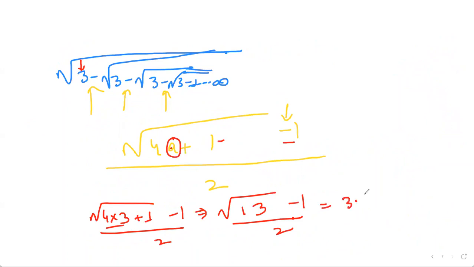So write here 3.6 minus 1 upon 2. You will get 2.6 upon 2. Remove this decimal. The answer will be 1.3. Very good. Dear Zishan, your answer is absolutely correct. Miss Chitra, your answer is also absolutely correct.